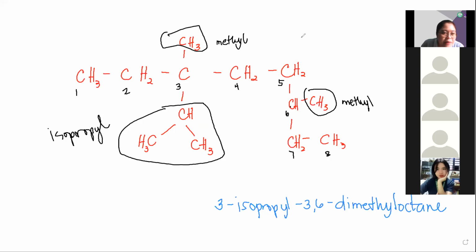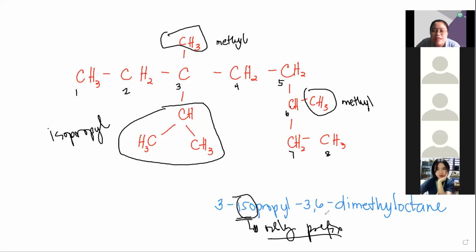Ma'am, di mauna ang methyl kay propyl. Mauuna dapat si methyl kay propyl, pero just what I have said, isasali natin si iso in the consideration sa alphabetical order. So this is the only prefix na i-consider natin in the alphabetical order.